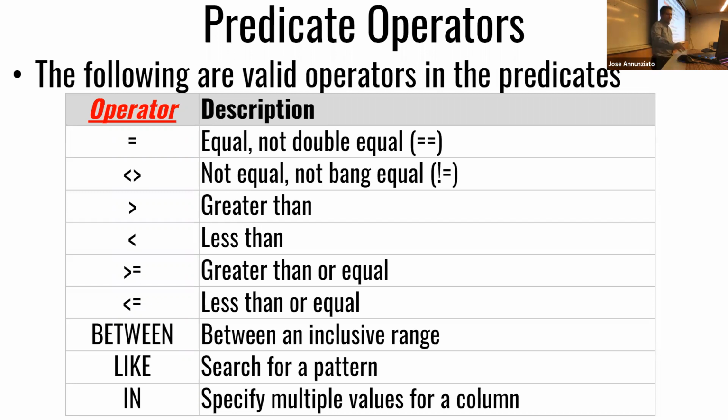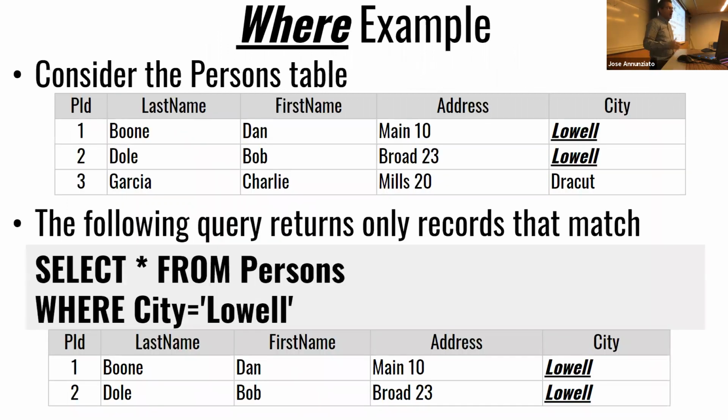So let's take a couple of examples. Here we're selecting from these users, retrieving the persons whose city is equal to Lowell. Strings use single quotes, not double quotes. So this retrieves these two records, the ones that have Lowell.